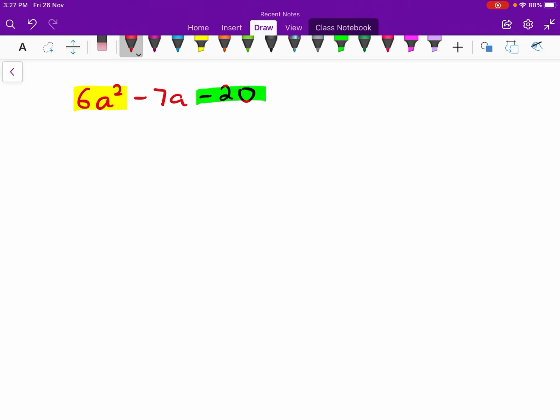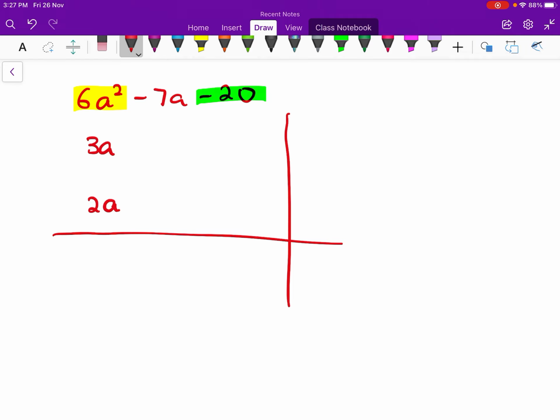Let me just try this question to start the ball rolling. Before that I draw a table. I will split this 6a squared into 3a multiplied by 2a. For minus 20, maybe I will use minus 5 times 4. Alright, let's try.